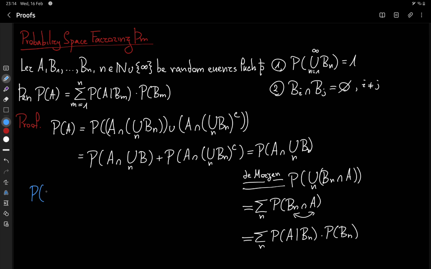So the conditioned probability of x under the condition of y is equal to the probability of x intersected with y divided by the probability of y. So simply by multiplying this identity by the probability of y, we obtain the desired, we get our claim. And this concludes the proof.